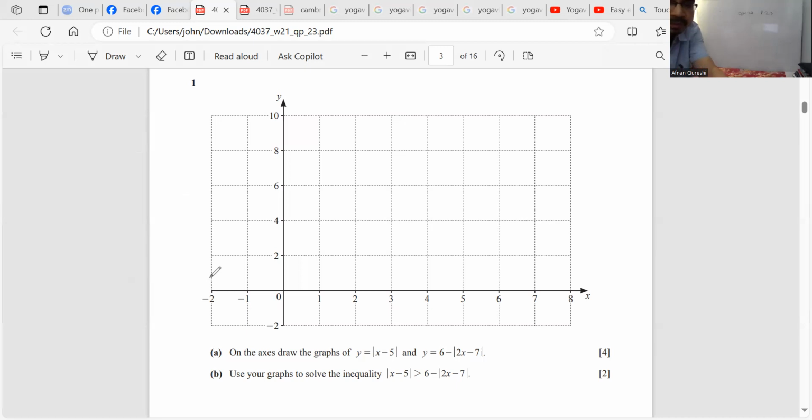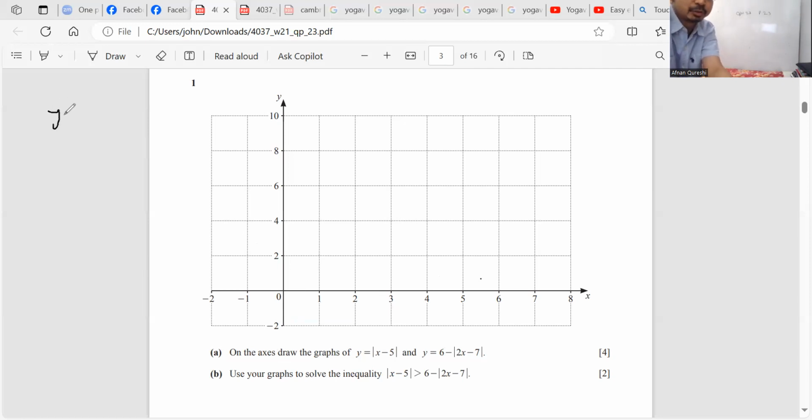How is it going to look like actually? So 2x minus 7 we know. And actually, y is equal to 2x minus 7. The y-intercept is minus 7, or minus 7 they didn't show in the grid, so we'll avoid that part. But we'll know that when x equal to 0, y is equal to minus 7.